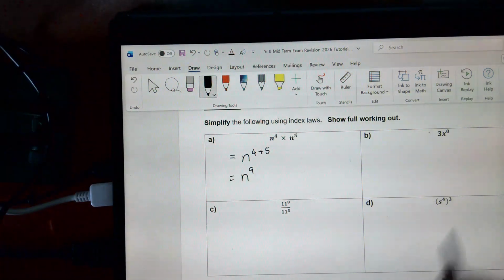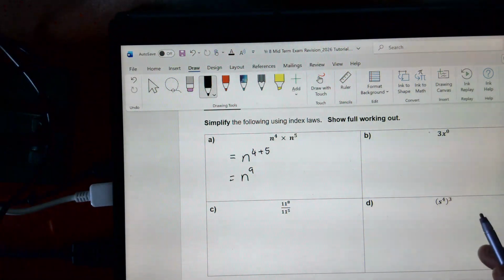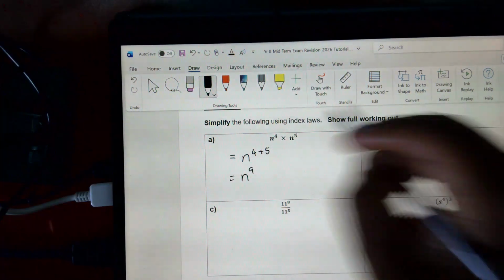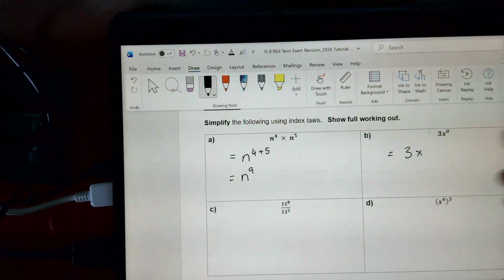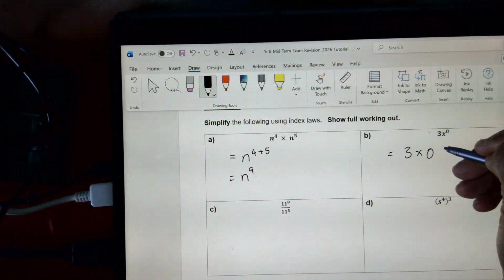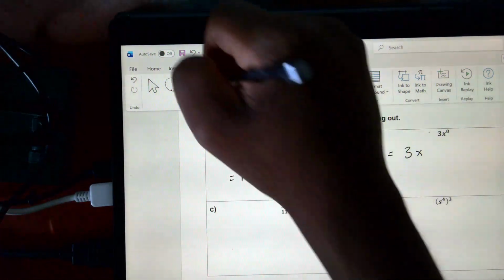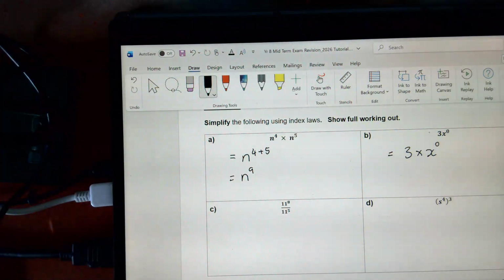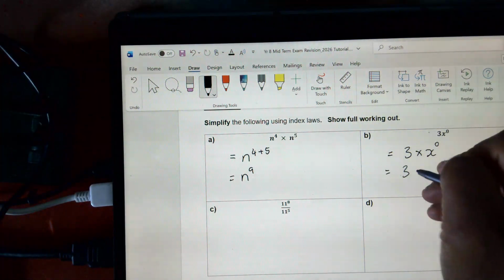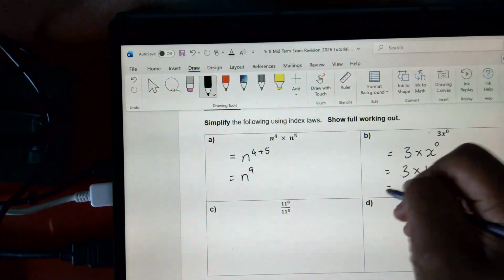We know from last term anything to the power 0 is 1, and we know that between 3 and the x to the power 0 that's a multiply, so this is 3 times 1, which is 3.